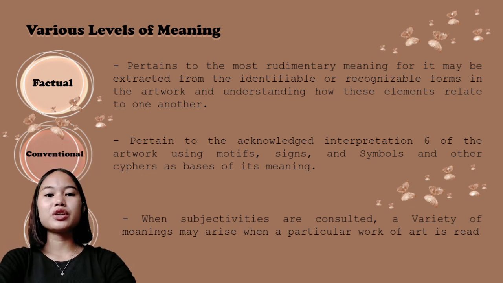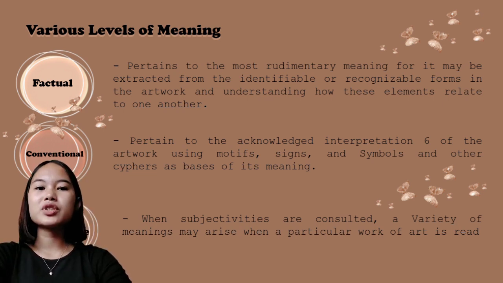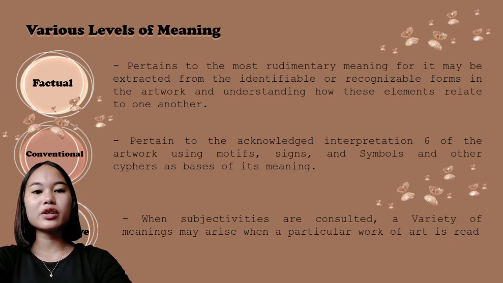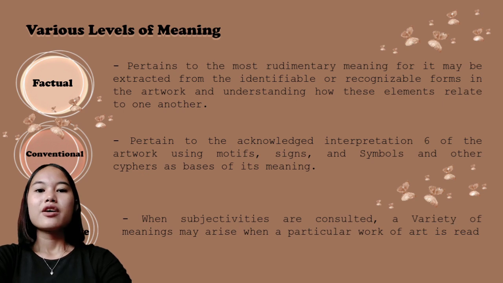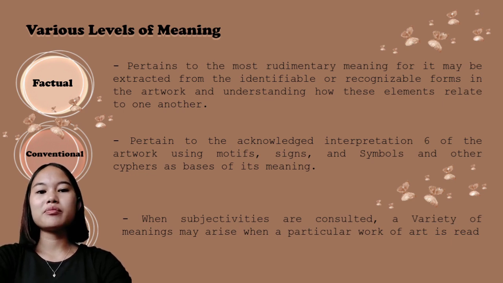When we say conventional, this pertains to the acknowledged interpretation of the artwork using motifs, signs, and symbols as basis of its meaning. When the subjective is consulted, a variety of meanings may arise when a particular work of art is read. These meanings stem from the viewer's or audience's circumstances that come into play when engaging with art. Meaning may not be singular, rather multiple and varied.